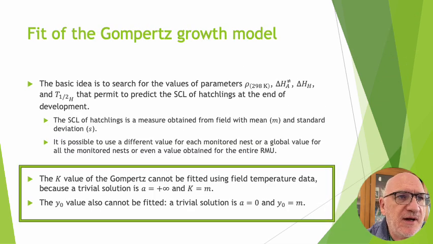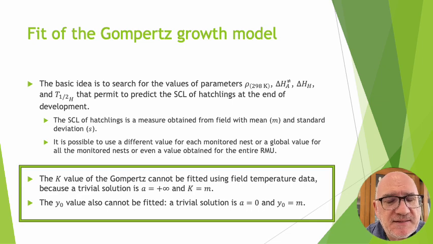Now let's describe more precisely how we will fit the Gompertz growth model, and what kind of parameters we need. The basic idea is to fit the values of the growth rate parameter that we saw just previously, so the value of this parameter permits us to best predict the straight carapace length of hatchlings at the end of development.